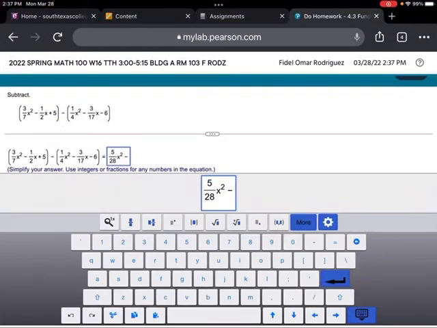Where's my plus? I know it's around here somewhere, I just don't see it. Ah, right there, plus 11. Check it, and we got it.